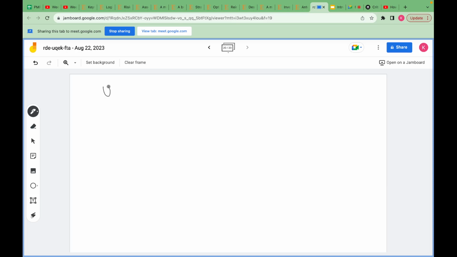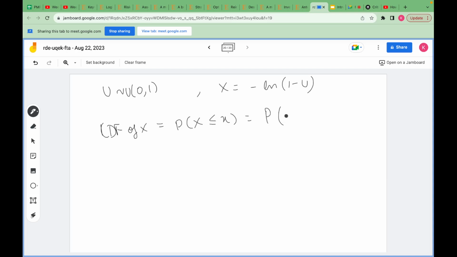So we are given that u is uniformly distributed between 0 and 1, and x is given as minus ln(1 minus u). So we find the CDF of x, which is the probability that x is less than or equal to small x.